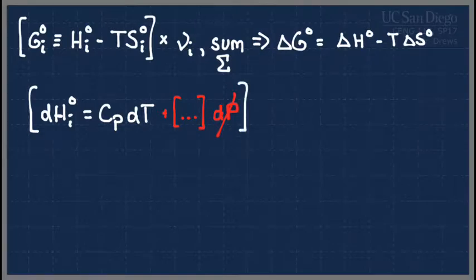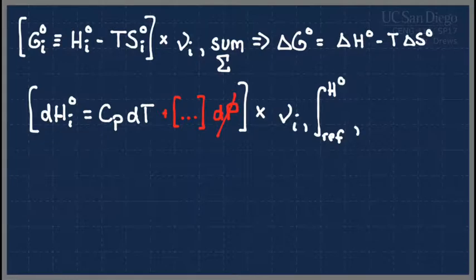If we do the same thing again, we're going to take this, multiply it by nu sub I. After we multiply it by nu sub I, we're going to integrate each one of those from a reference condition up to the circle condition. And then we're going to sum it all up. Lucky for you, I already did that, so we don't have to do anything like that.